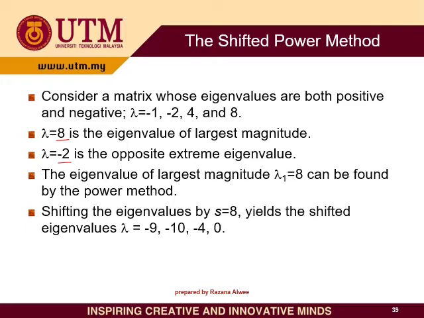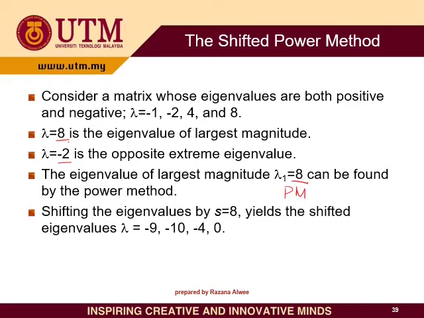In the opposite, the highest extreme eigenvalue is for negative 1, negative 2 here, because this is 8, the negative 1, 2 is the opposite extreme eigenvalue. So the eigenvalue of largest magnitude, lambda 1 here, you can find using the power method that we have done before.